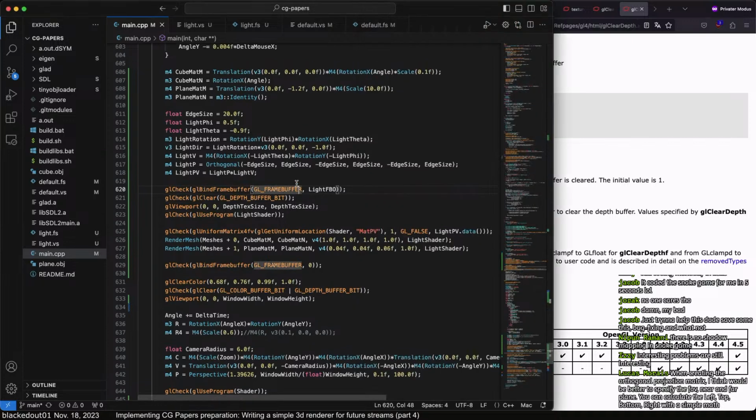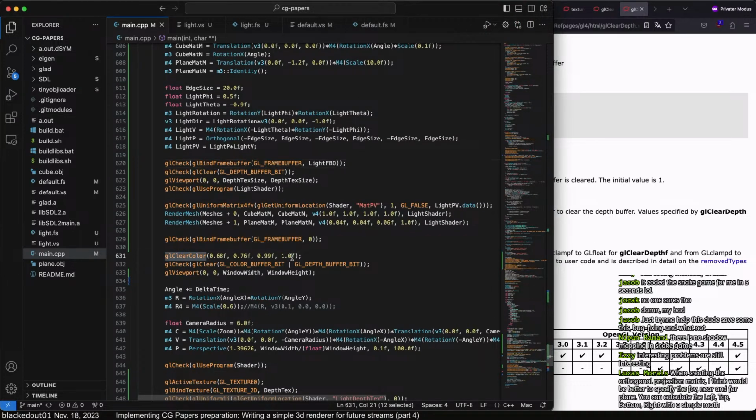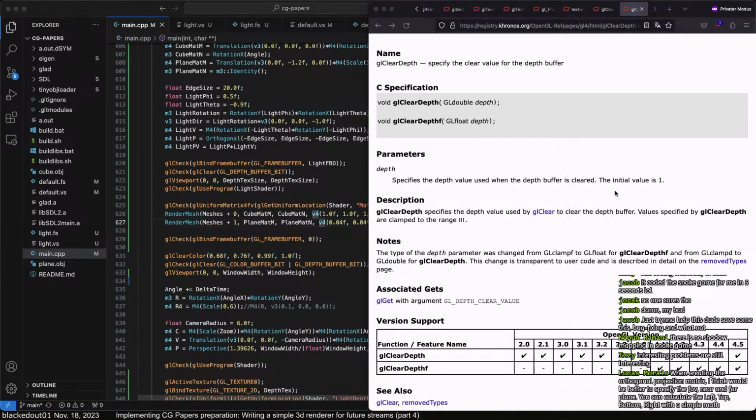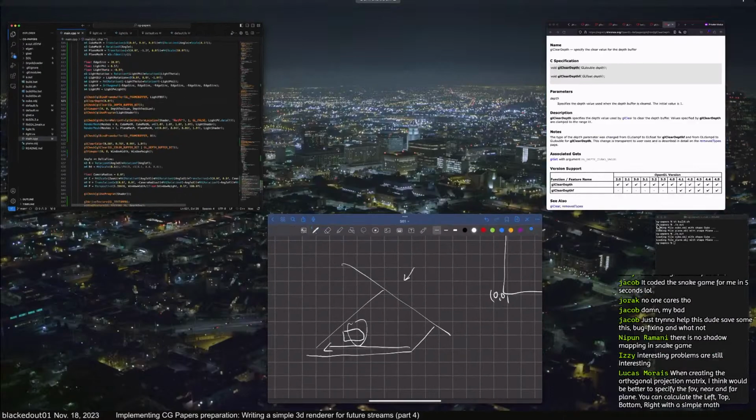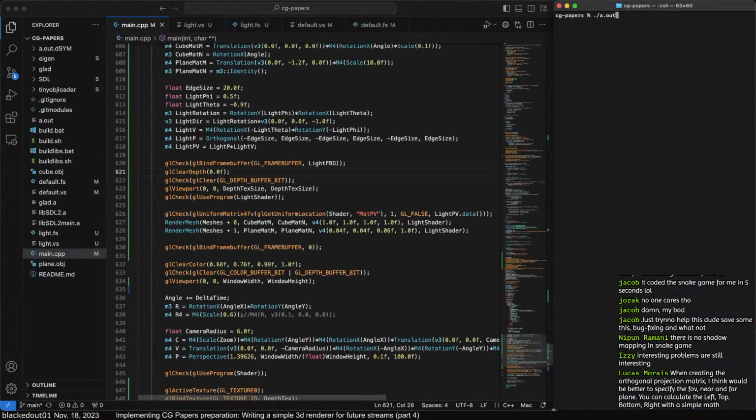So just like clear color, where I specify what color is put into the color buffer, I can also specify the depth that is going to be cleared. So if I put 0 in here, we should see a black screen.